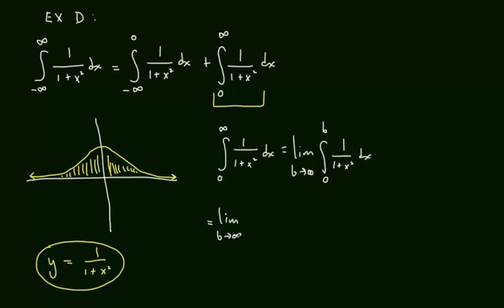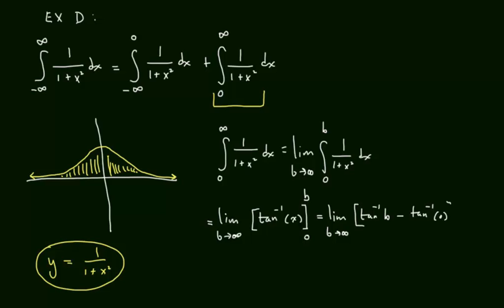It's an important one. This is the inverse tangent of x as the antiderivative. And of course, we're going to take that from 0 to b. So next, we're left with the limit as b goes to infinity, inverse tangent of b minus the inverse tangent of 0.